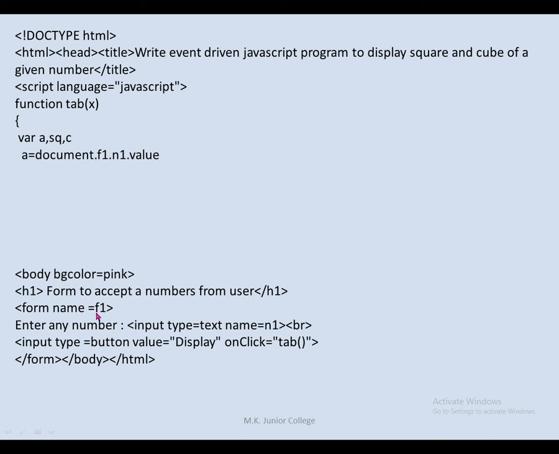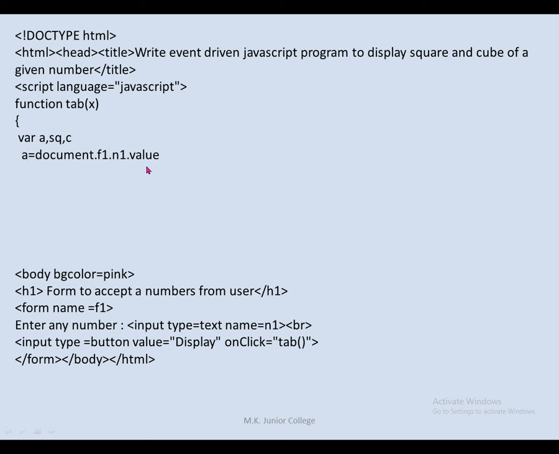If I give f2, f3, whatever your name, that same name must be here. Whatever form f1 is in the document, inside that f1 one text box is there, and the name of that text box you have given as n1. The value inside that text box, .value, I want to store inside the a.